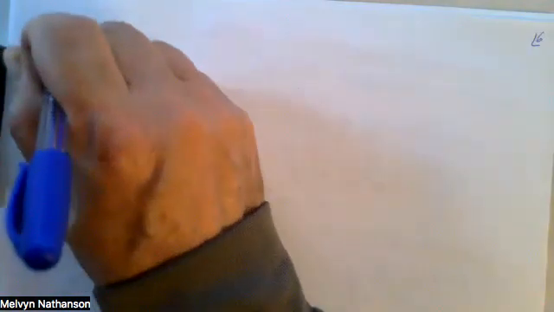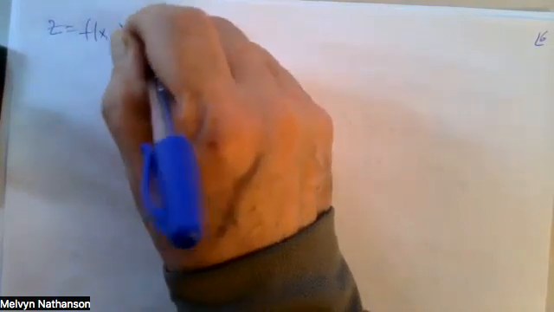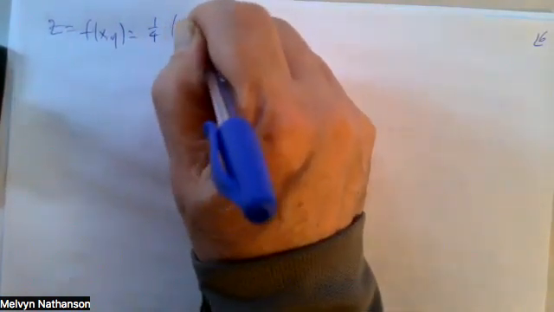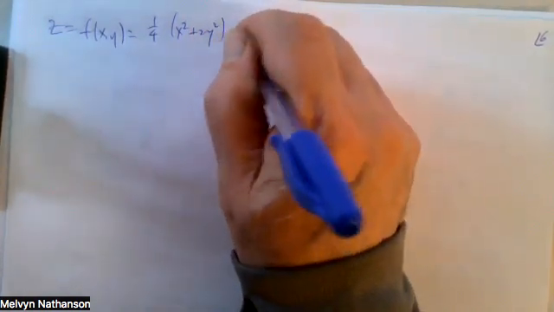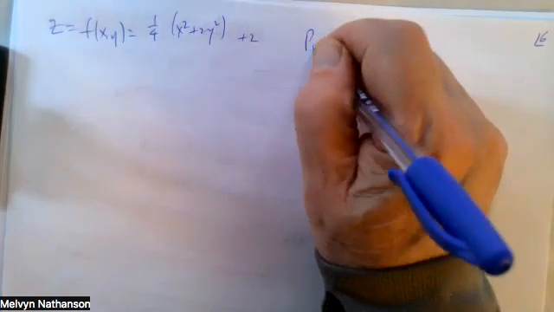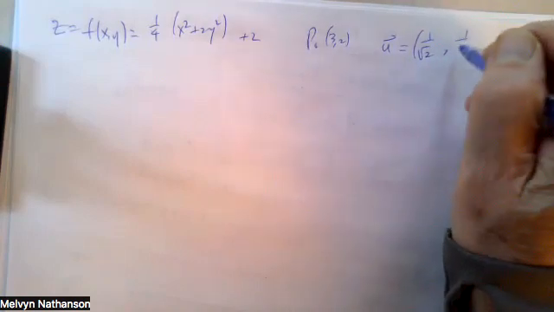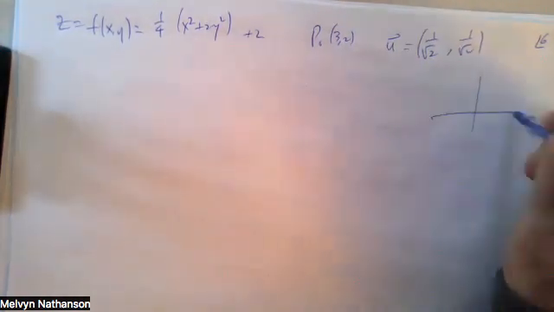Let's do a couple more examples. Suppose we have the function z equal f of x, y, which is a fourth x squared plus 2y squared plus 2, and we take the point (a, b) to be (3, 2), and we take the direction u, which has to be a unit vector, so that'd be the unit vector with coordinates (1 over root 2, 1 over root 2).